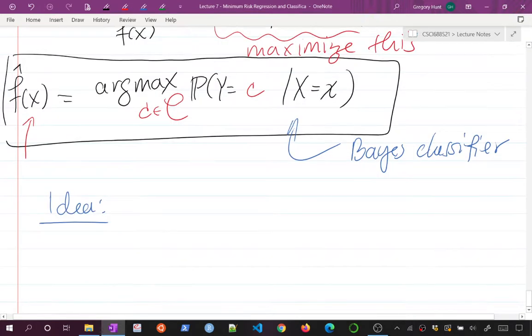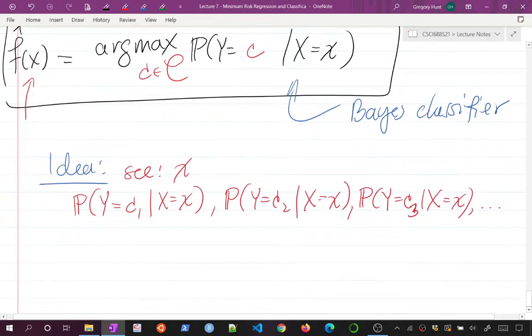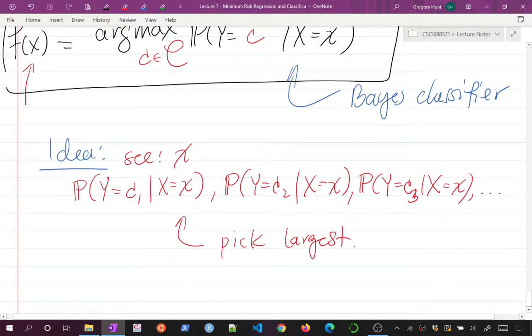So the idea is that I see my little x, and I'm going to calculate the probability that my y is class 1, given I see my little x, and the probability that y is C2, given I've observed my little x, and the probability that y is the third class, given the little x I've observed. And then I'm going to pick the one that's largest. And that's the Bayes classifier.